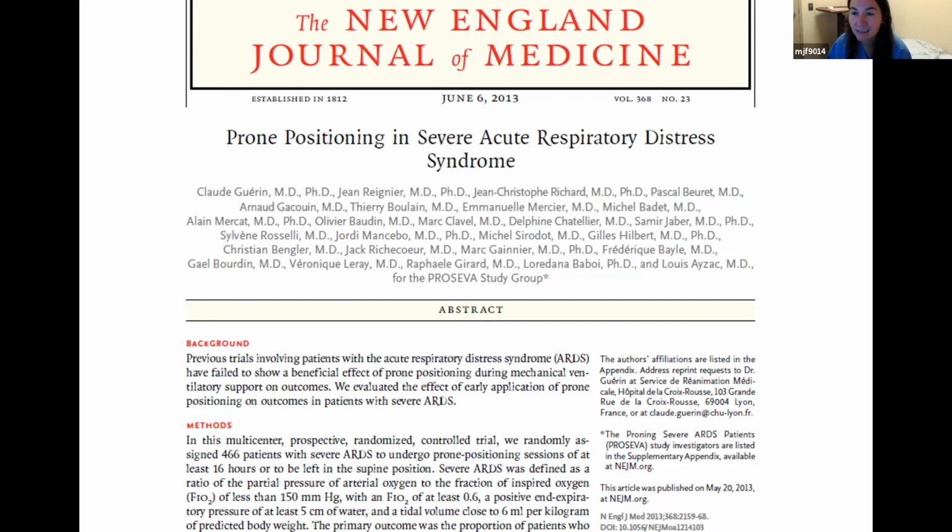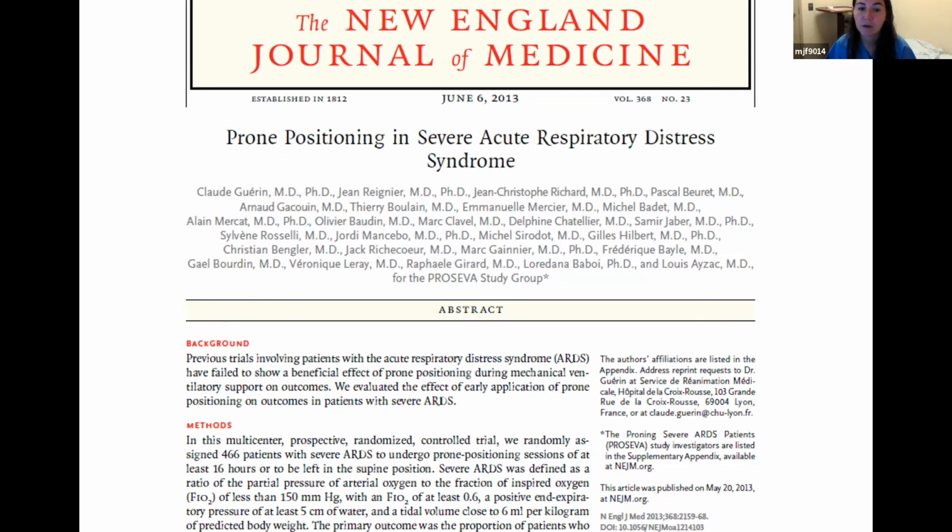And yet it's still kind of difficult to get people to do it, right? It's super labor intensive. It can be risky. In this study, the complications were quite low, but of course this study was carried out in hospitals that are used to proning, that have proning teams maybe, and so they're really good at it.